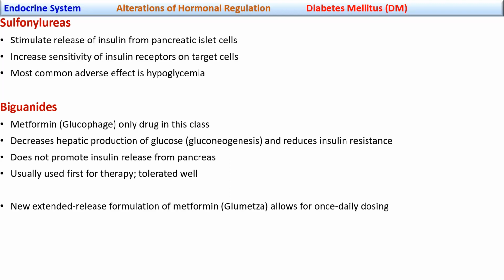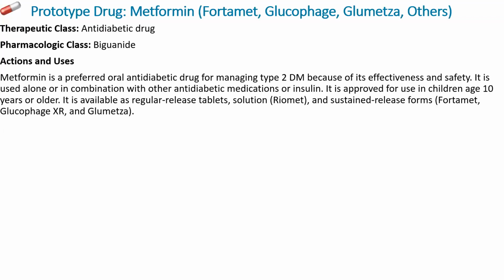Lactic acidosis is one of the common side effects of glucophage. So that explains why we have to stop the metformin glucophage before the use of a contrast media. Anytime we have to use a contrast media, we have to stop the metformin glucophage.